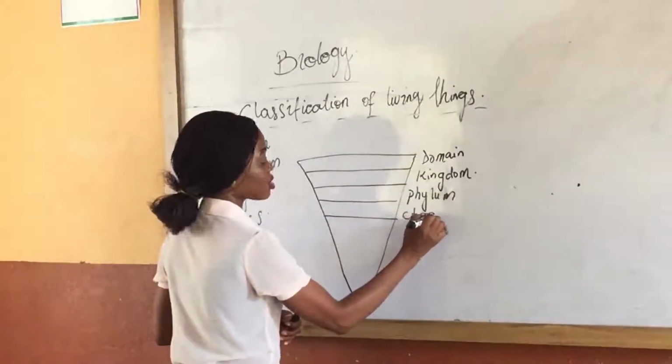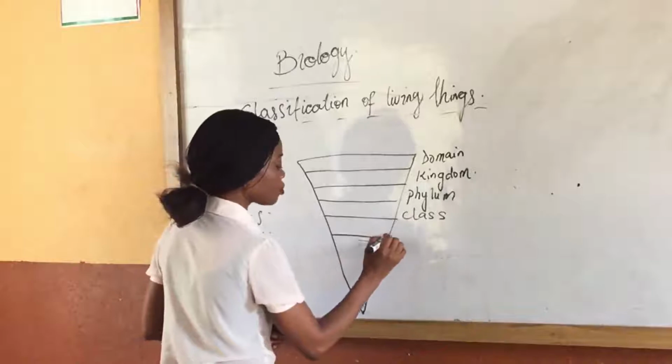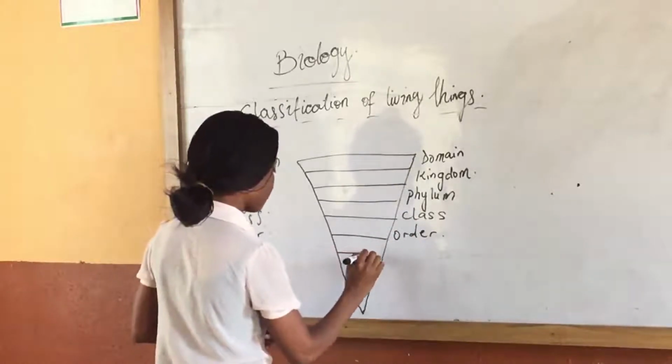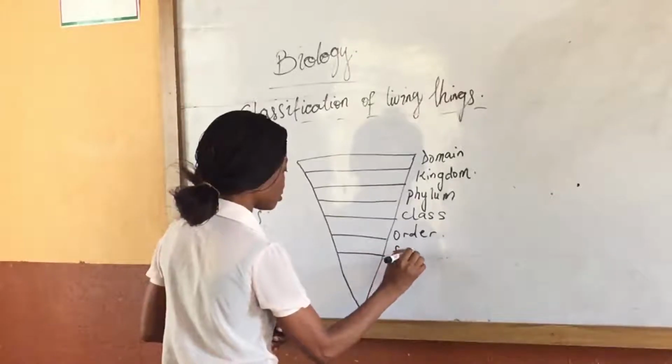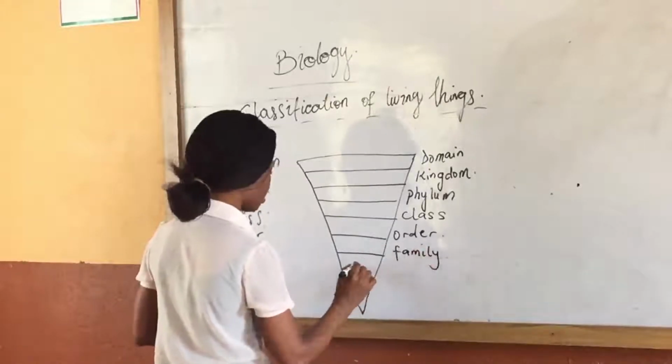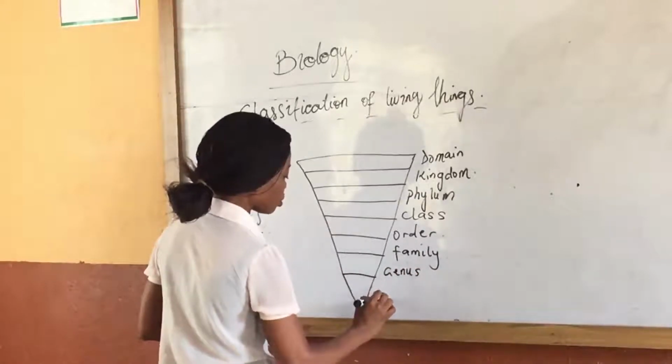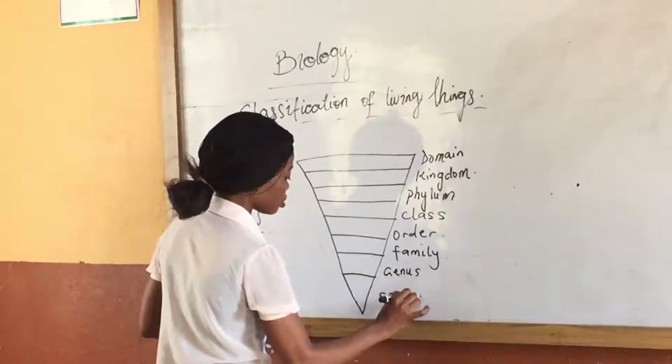Then the class. The order. The family. The genus. And what? The species.